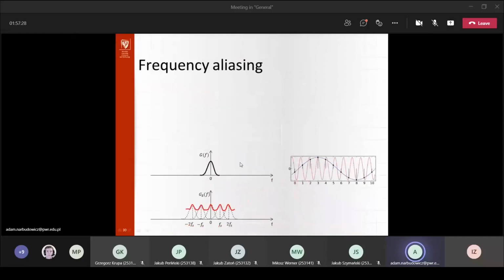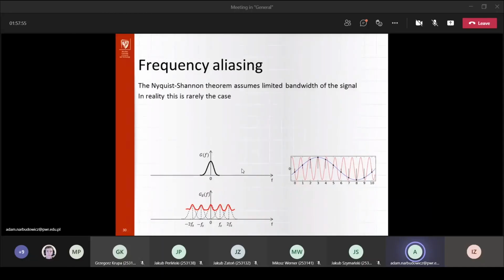And this is a little bit of visualization of what happens in the frequency domain if you don't satisfy the Nyquist sampling. We have something which is called frequency aliasing.